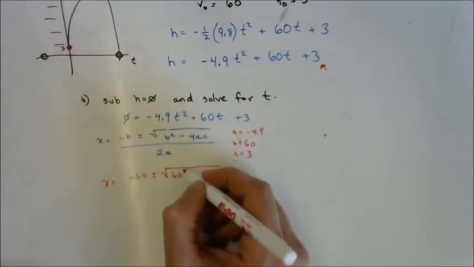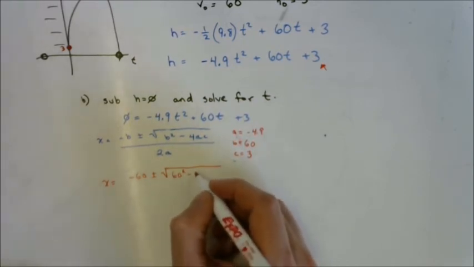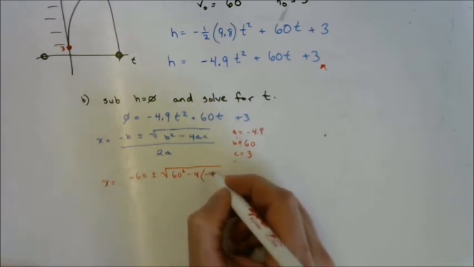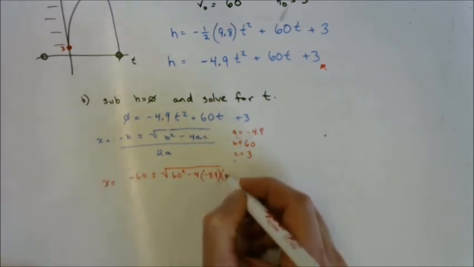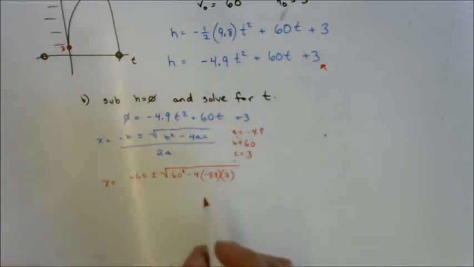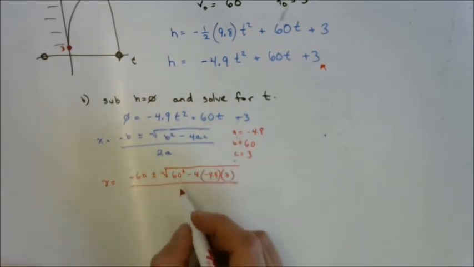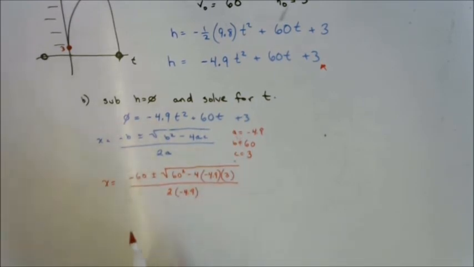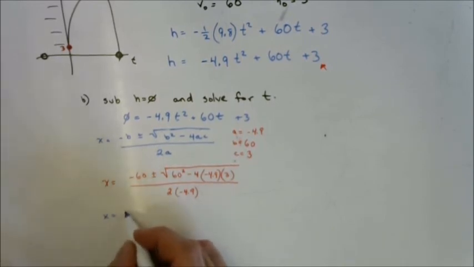That's going to be 60 squared minus 4 times -4.9 times 3, all over 2 times -4.9. Okay? Let's work this thing out. x equals, I'm going to leave this -60 out there for now.